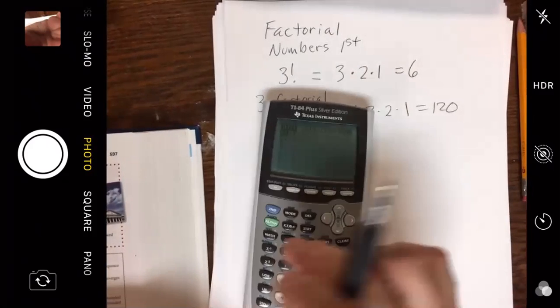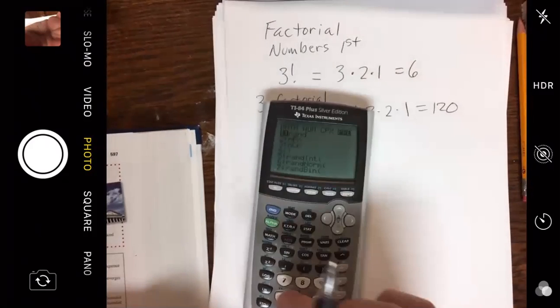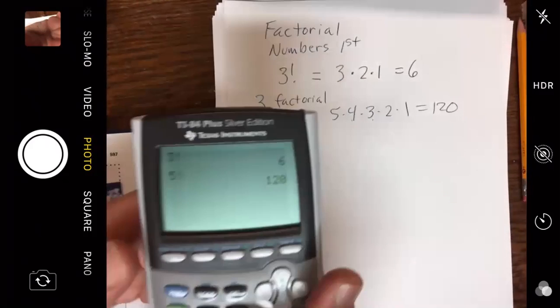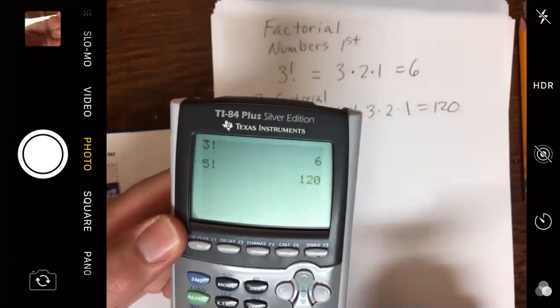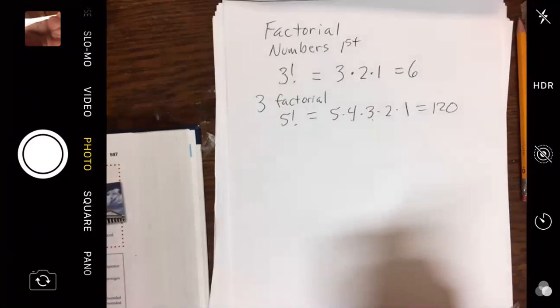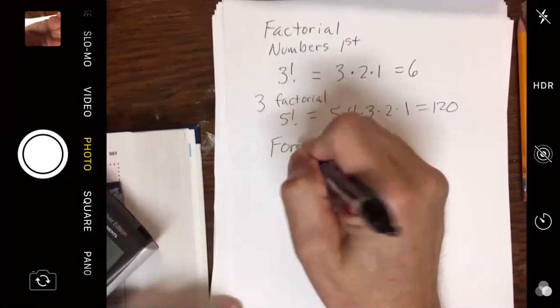5, again, math. You can go the other way and wind up right at PRB. It kind of circles around to option 4. And there you are. 5 factorial, 120. Okay. But in 17, they give you formulas.